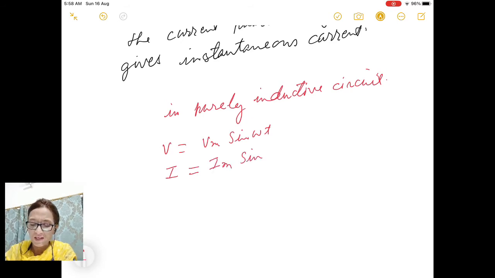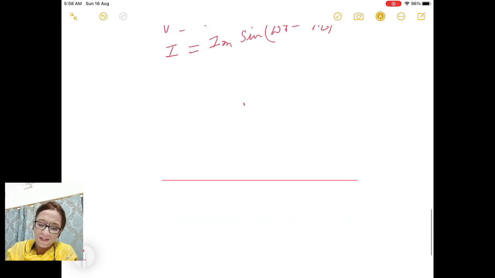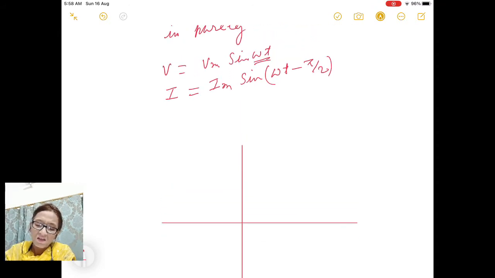Instantaneous current has a phase smaller than this phase by pi by 2. So when you draw the phasor diagram for the two, you will find that the voltage phasor is at an angle omega t, and its magnitude is given by the voltage amplitude.